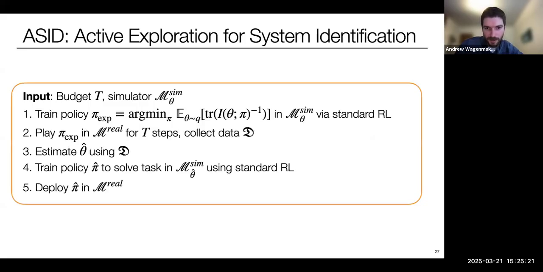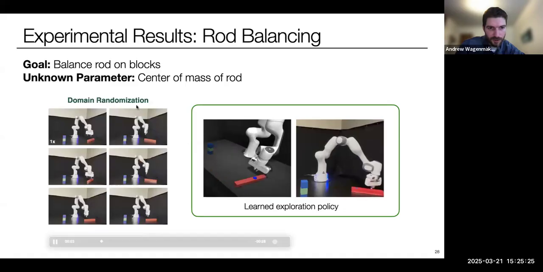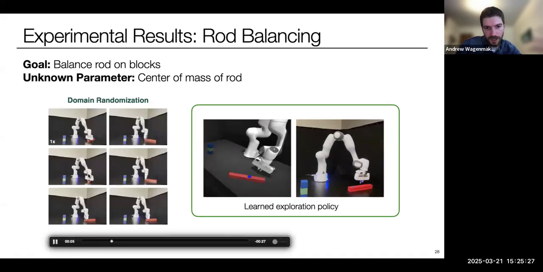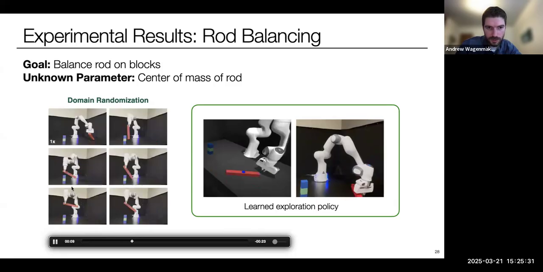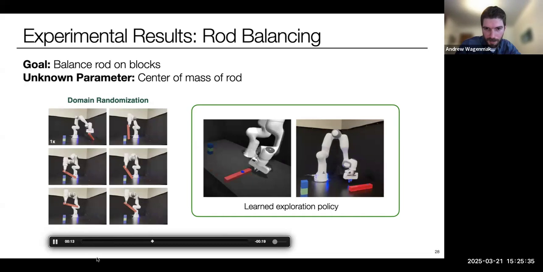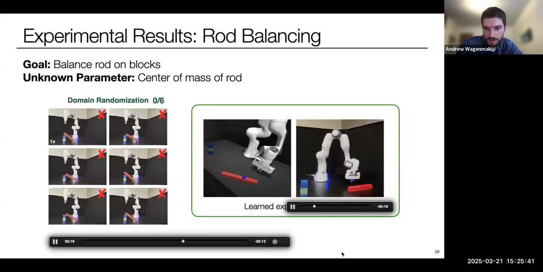I'm just going to show quickly some results. Basically, if you just try to do direct transfer, even with some domain randomization, you don't succeed most of the time. Sorry, the video is a bit choppy again, I think. What we can do though is optimize a policy that explores in sim, which will just push around the block.